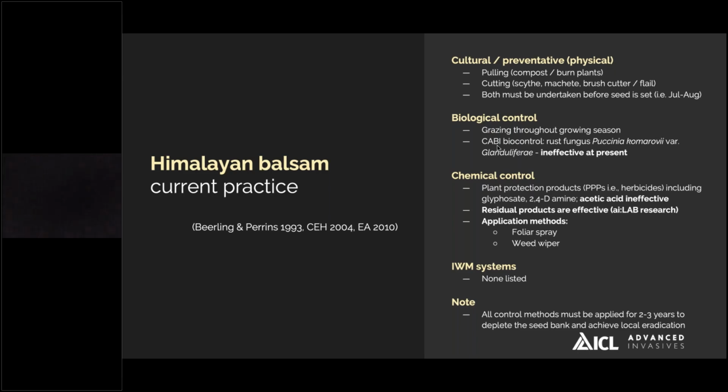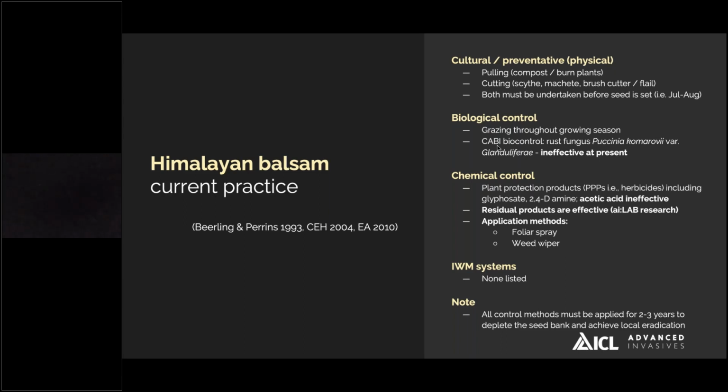In terms of the application methods that are recommended for controlling balsam, foliar spray and weed wiper can be very practical, but I would mention that really foliar spray, particularly along riverbanks, is going to be the only effective practical method that you're going to be able to use. In terms of integrated weed management systems, there aren't many recommended, and certainly not as a process series that can underpin effective management.